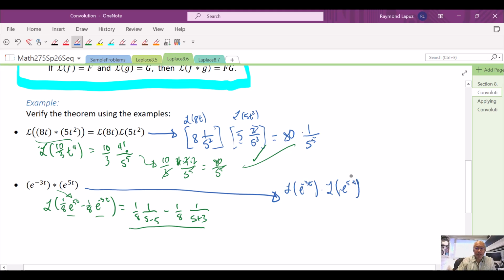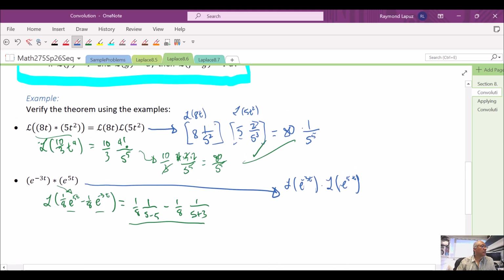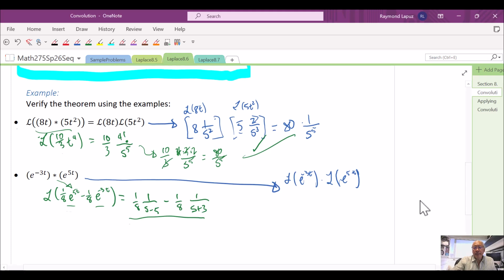I think that's what we're supposed to do. This will equal 1 over s plus 3 times 1 over s minus 5. So it looks like we probably should do the breaking up business. So I'm going to call on Wolfram.